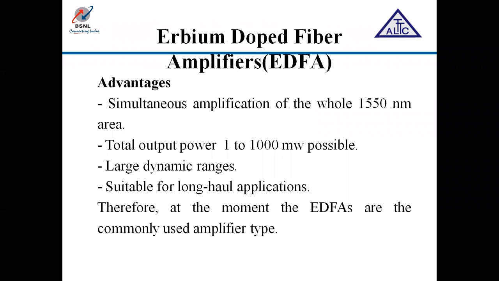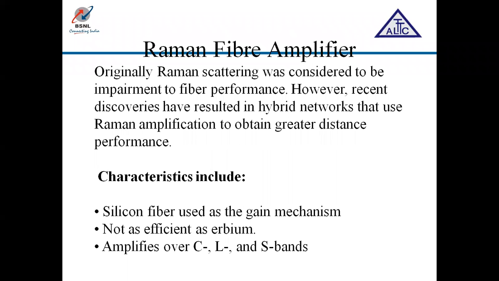Therefore, at the moment EDFAs are the commonly used amplifier type. I am telling you again and again, EDFA is the amplifier used in DWDM system. It may be BA, maybe LA, or maybe PA. Common amplifiers, we may use it.